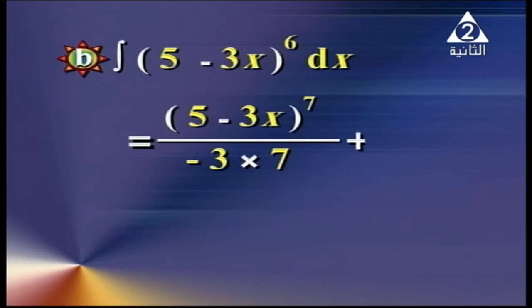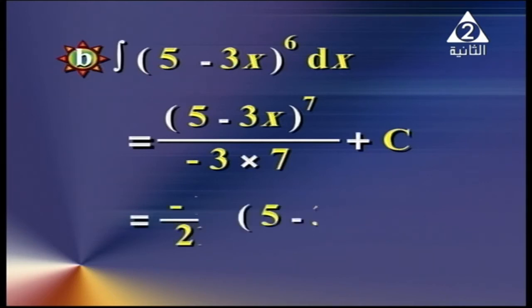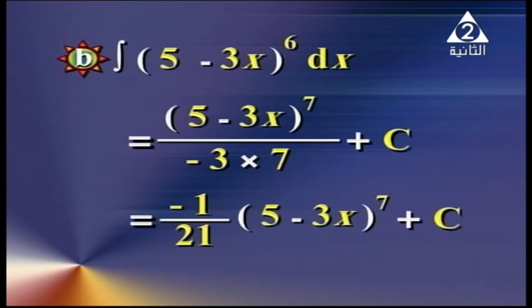Remember, dear student, 5 minus 3x for all power 6 becomes 5 minus 3x for all power 7, and divided by 7, multiply, don't forget, coefficient of x is negative 3. Then answer is negative 1 over 21 multiply bracket contains 5 minus 3x for all power 7 plus c.